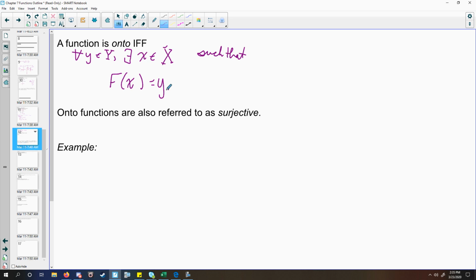So in other words, if you give me a y value, I can find the x value that will provide an output of y. Another name for onto is surjective.